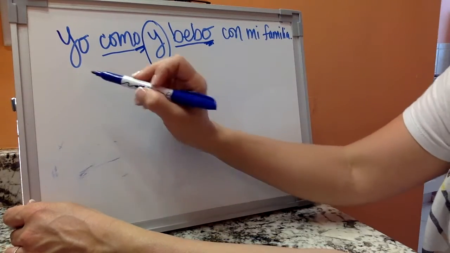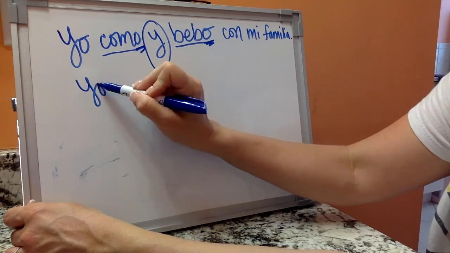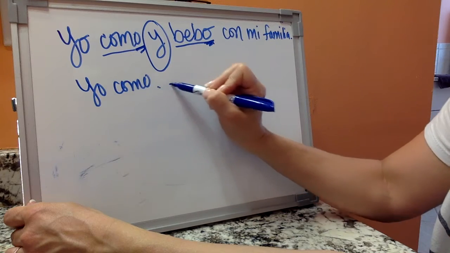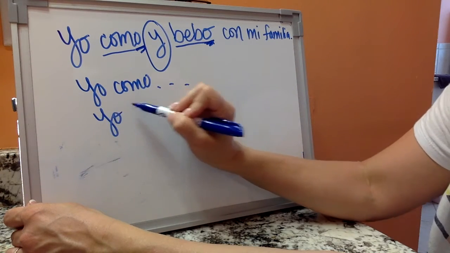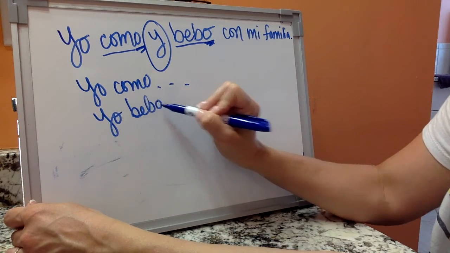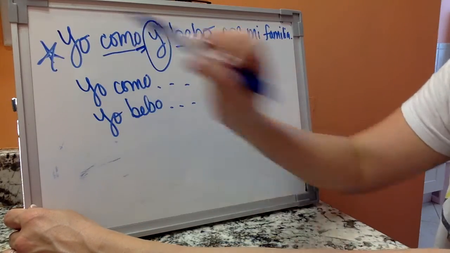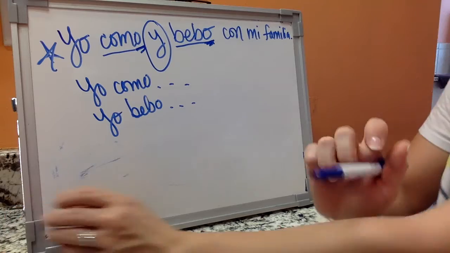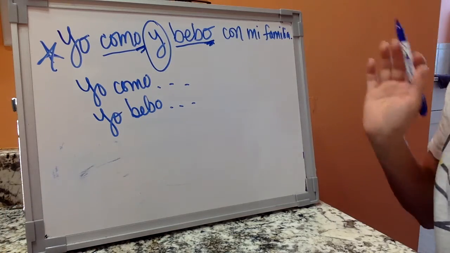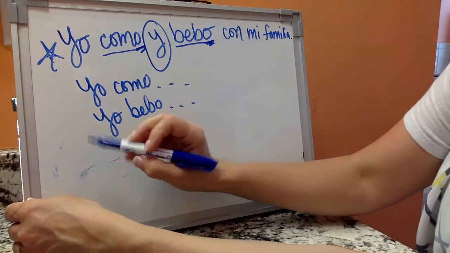Okay, so I could say yo como con mi familia, and I can also say yo bebo con mi familia, or I can combine it into one sentence.